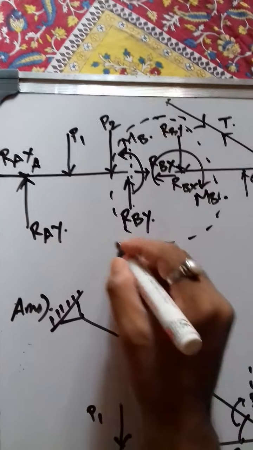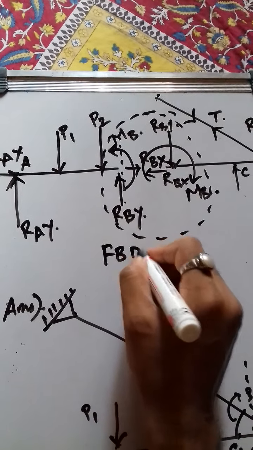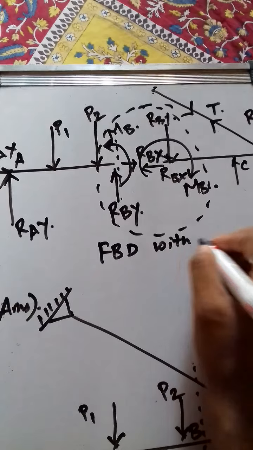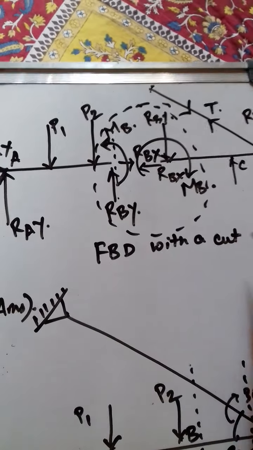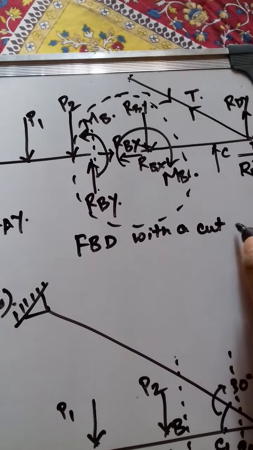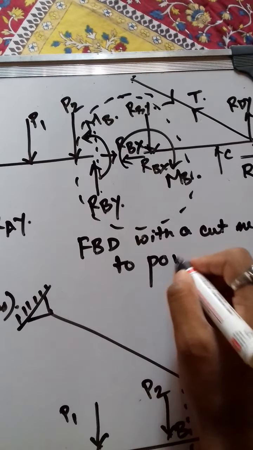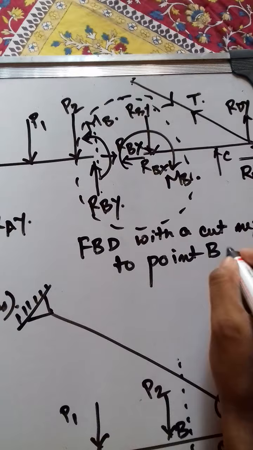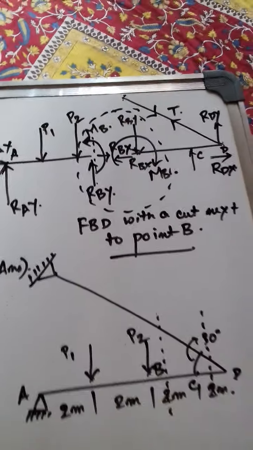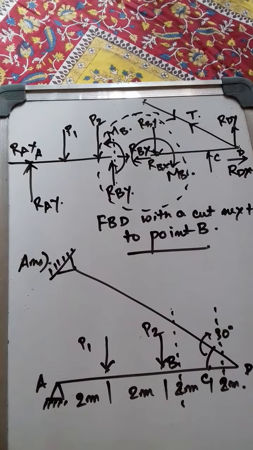Clear? This is the FBD with a cut next to point B. I hope it is clear.